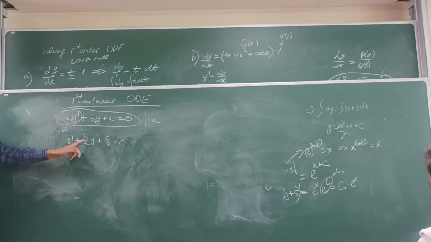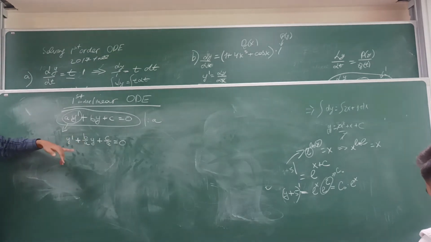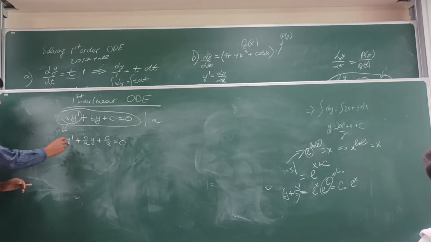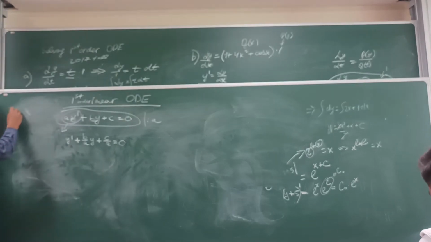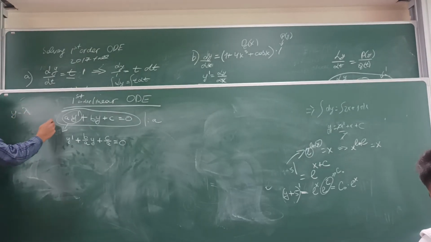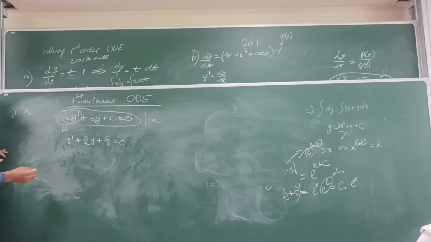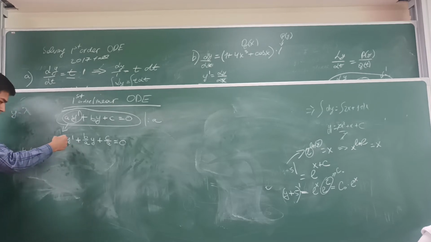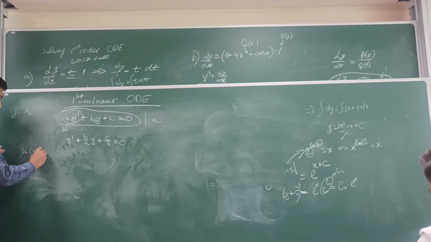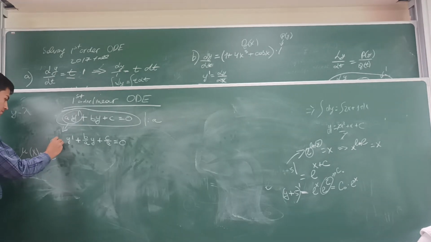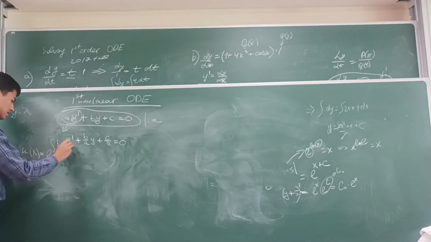And this b over a is not always a constant. In most cases it can be a function. In order to find y, the objective is to find y. You are given this differential equation, but you want to find y. So first you have to find the so-called integrating factor, mu of x or mu of t, depending on the variable. The formula of it is just e to the power of the integral of b over a dt or dx.